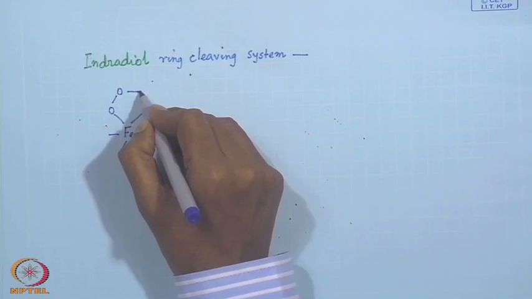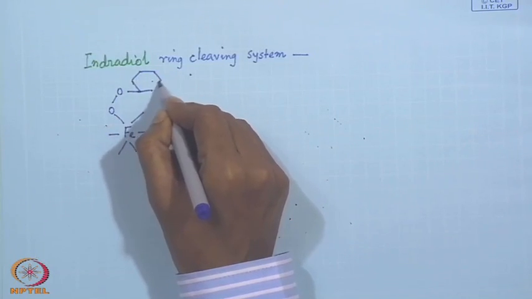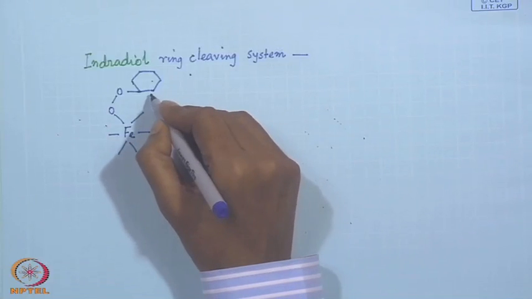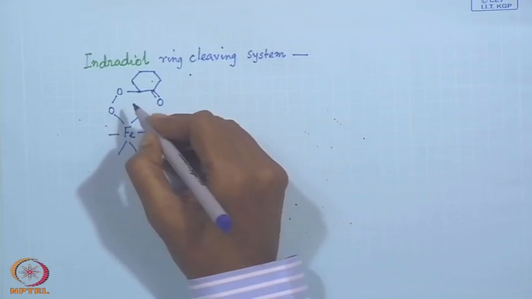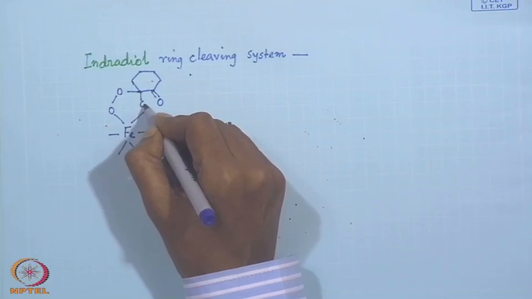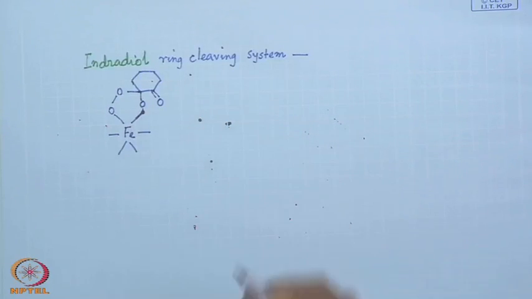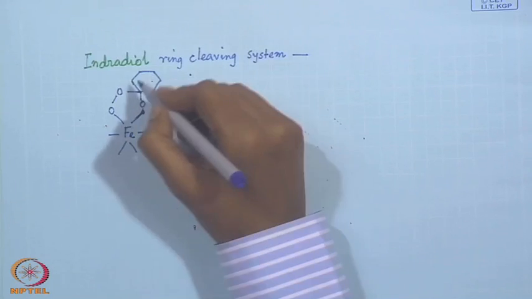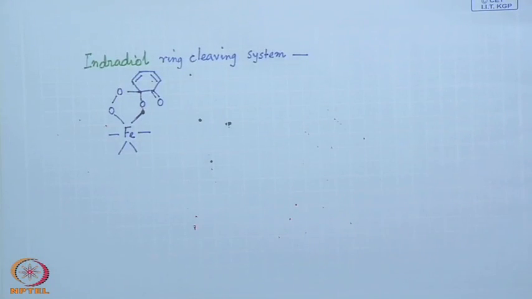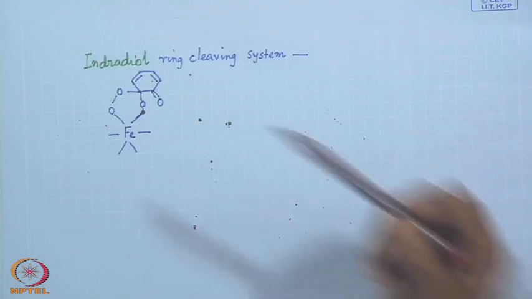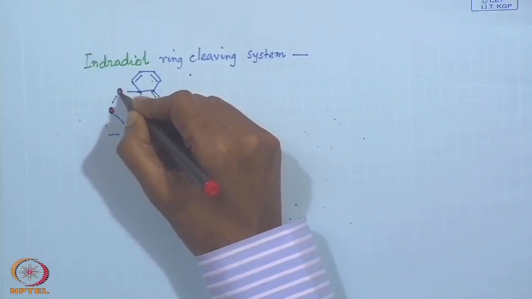is attached to our semiquinone unit with oxygen like this. So, in this particular case, you have the labeled oxygens which is coming out from outside.